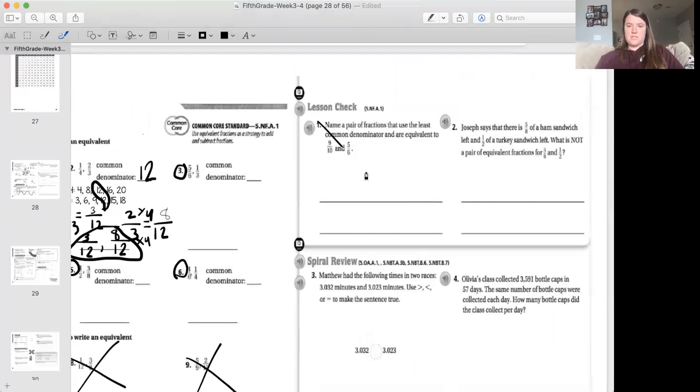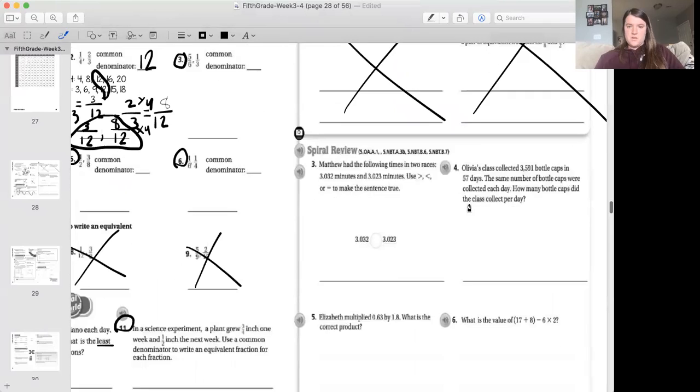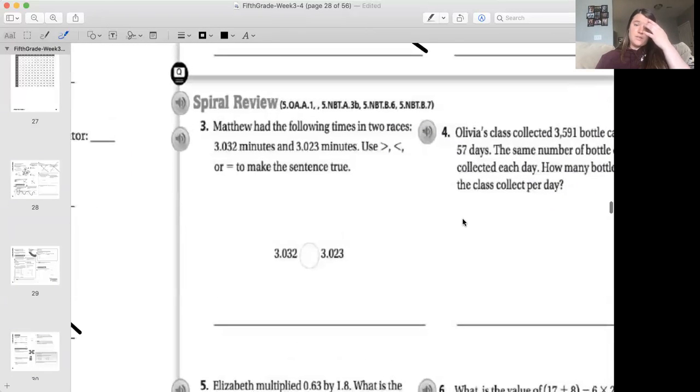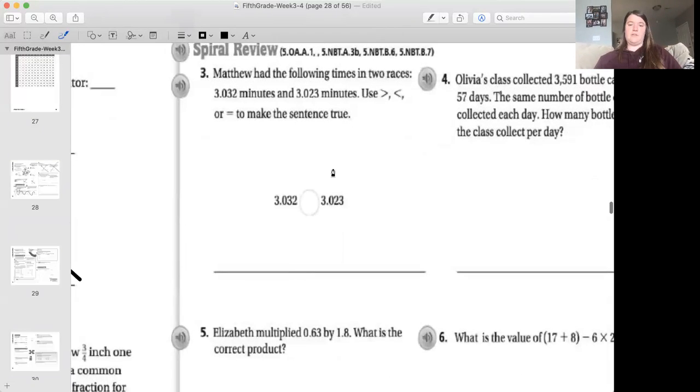I will let you cross out 1 and 2 because you just did a million of these. And then we have spiral review. So Matthew had the following times in 2 races, 3 and 32 thousandths of a minute and 3 and 23 thousandths of a minute. So you need to do less than, greater than, or equal to.